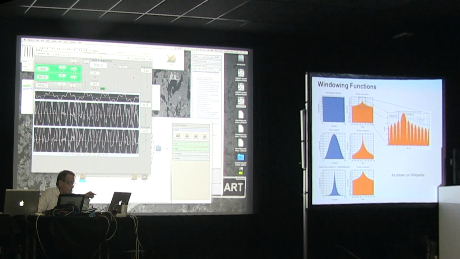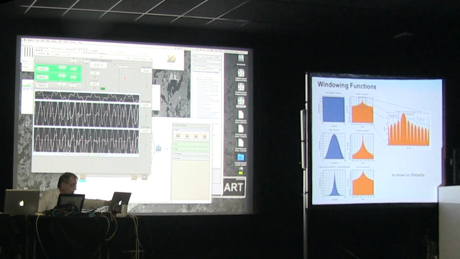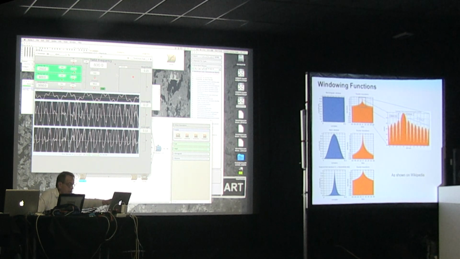So if it fits in a window perfectly, it balances out, and you can see below the bins. They're calling them bins; it's what I've been calling bands. Where it matches, it perfectly cancels out, and you get those negatives. Where it doesn't match is where you get these side lobes.